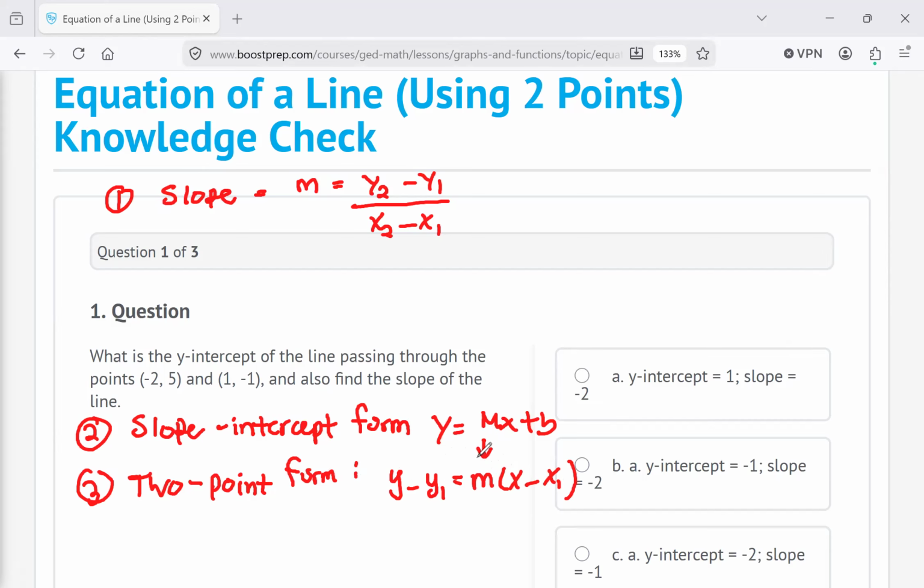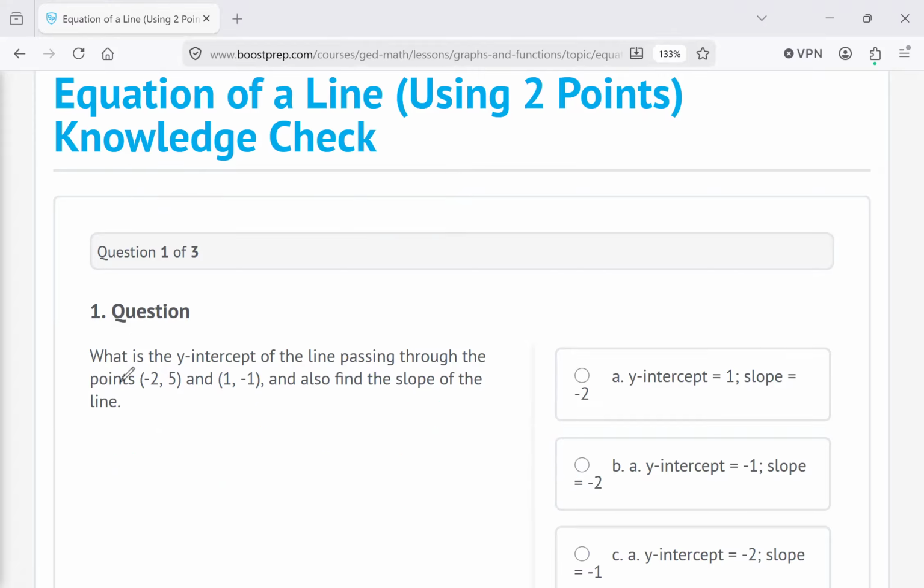Okay, do you have it copied down? Because I am going to clear. Okay, question one says, what is the y-intercept of a line passing through the points -2, 5 and 1, -1? Also find the slope of the line. So they want the y-intercept, so we're going to use two formulas.